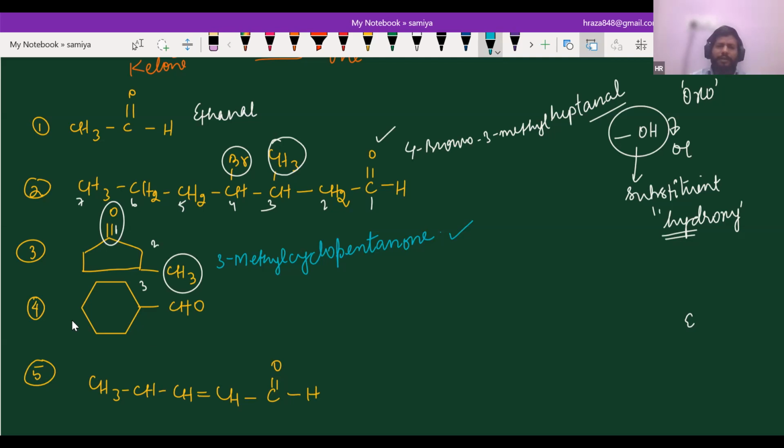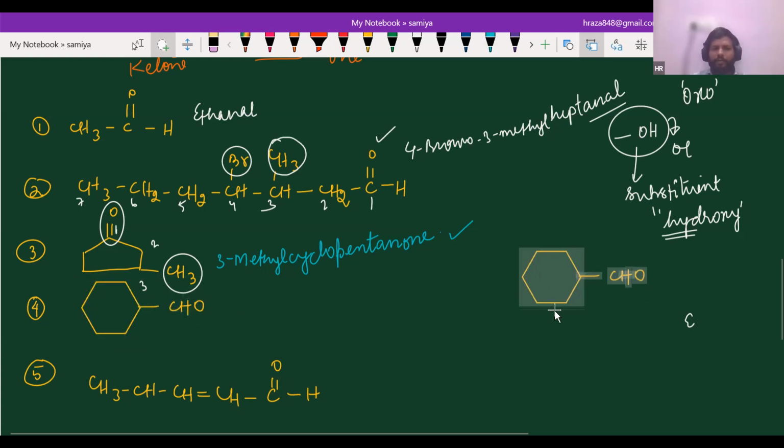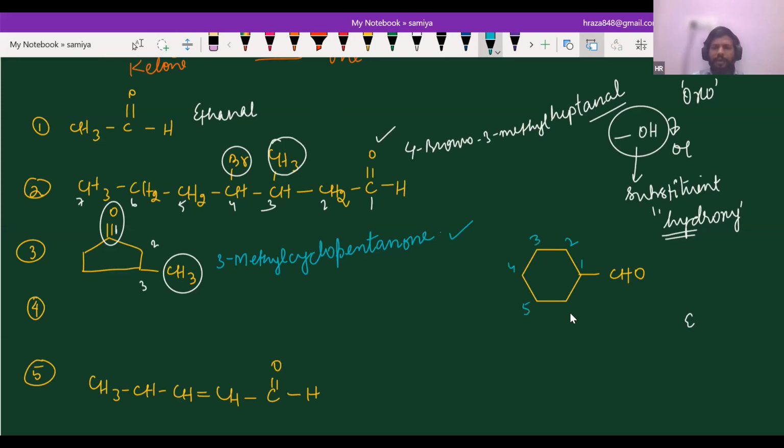Now go for this. I'm going to explain this. If you number it 1, 2, 3, 4, 5, 6, everyone please focus. When you are unable to count the carbon of the aldehyde, then instead of al you will use carbaldehyde.